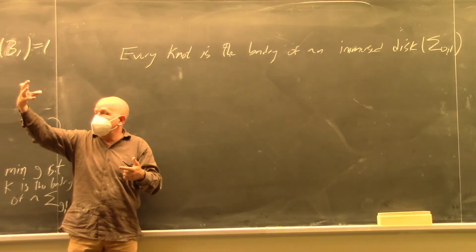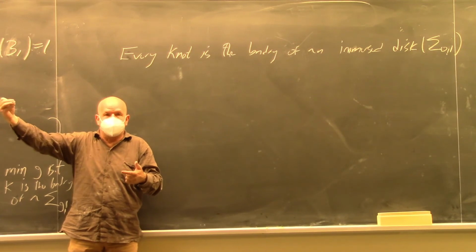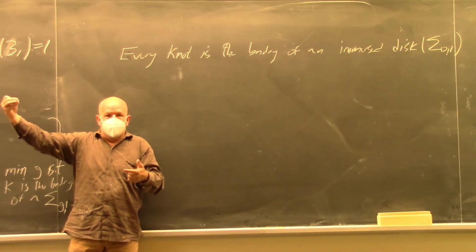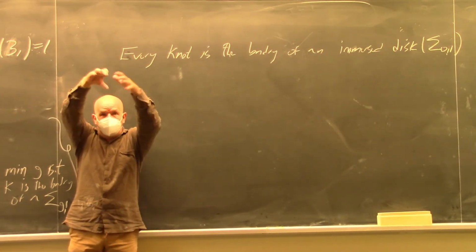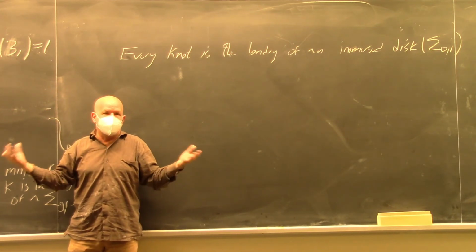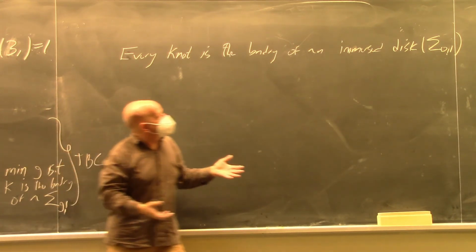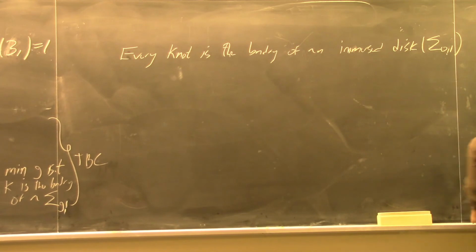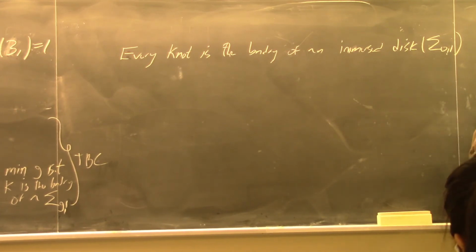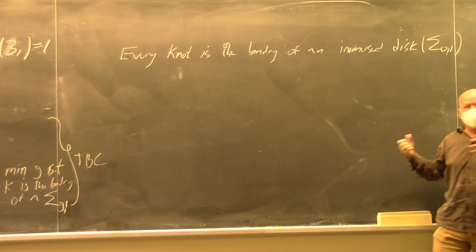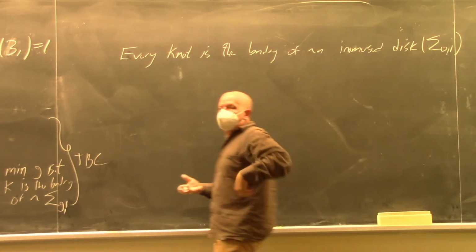And then continue deforming the unknot to a point. So the movie of this deformation is really a disk, right? I'm deforming the knot to the unknot, and the parameter space of this deformation is an annulus, and then I deform the remaining unknot to a point. So I close the annulus, and the parameter space is a disk.